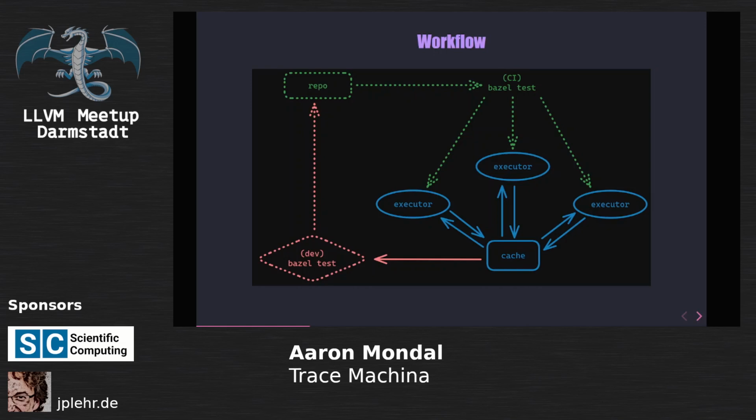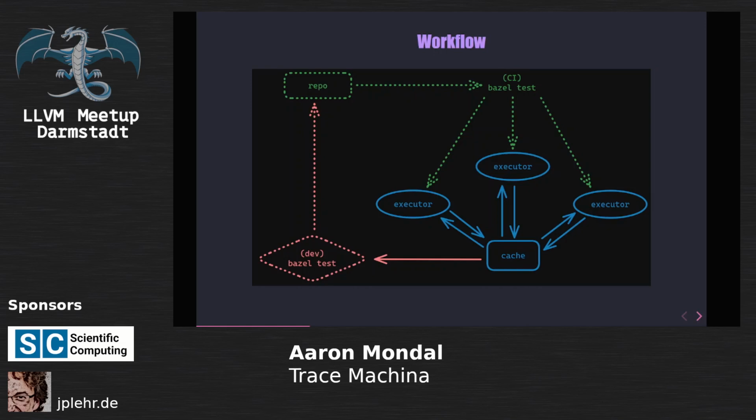When you then push your commit to a repository, usually you would have some CI runner, for instance a build bot, and this CI runner then runs a test suite. In Bazel, you have the entire build graph mapped out in a tree structure, and it dispatches this to different remote executors that you can scale up or down, and you can also choose, I want a GPU for this specific action, because maybe I have a test that runs on a GPU.